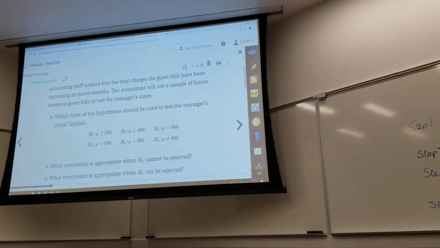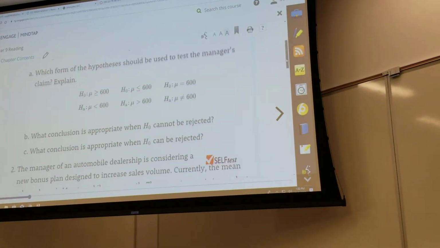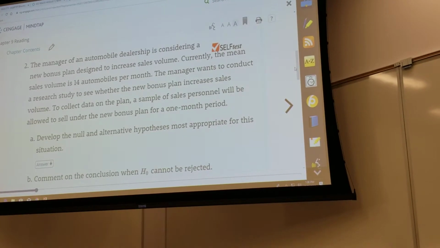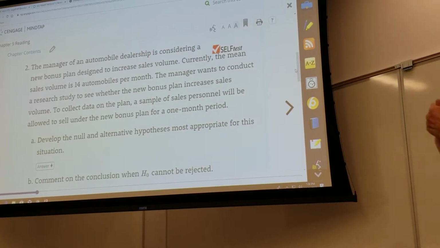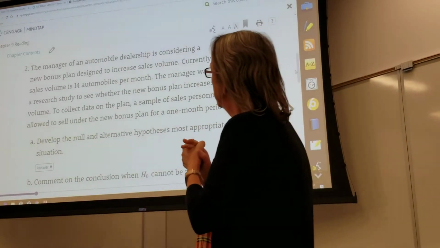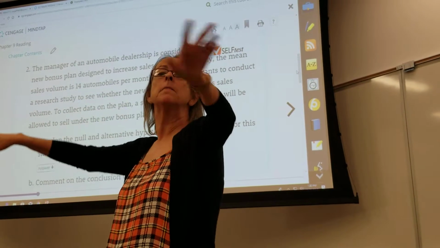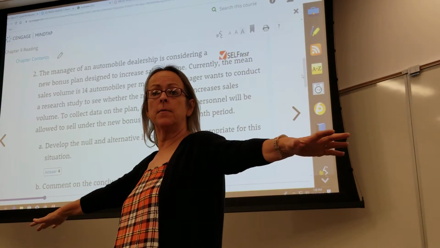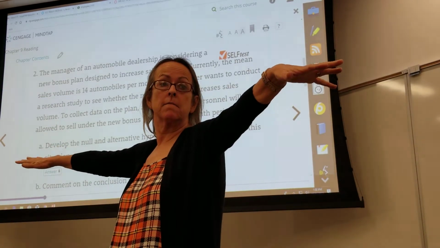You're going to write it yourself. The manager of an automobile dealership is considering a new bonus plan designed to increase sales volume. Currently, the mean sales volume is 14 automobiles per employee per month. So you all work at my car dealership, and on average, you all sell 14 cars every month.